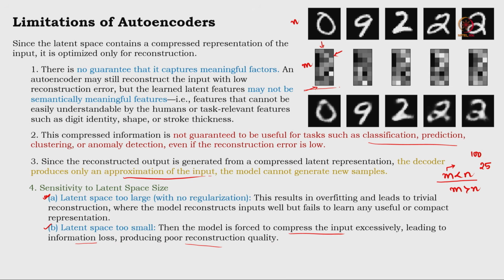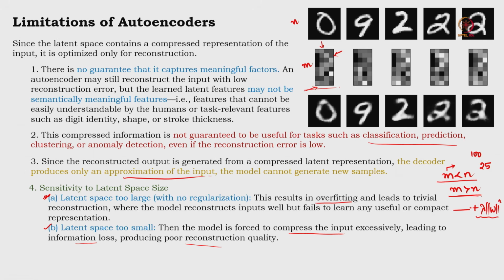And the second, when m is very much larger than n, then what exactly is happening? When there is no regularization, do you remember the loss function, the loss term also has a regularization term. If the m value is very large and the regularization term is not being used, then it leads to an overfitting problem.